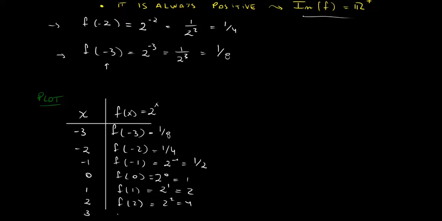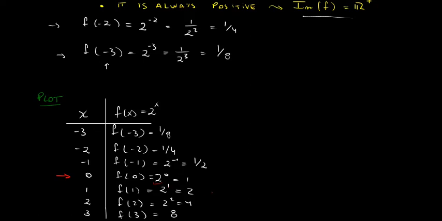And finally, in 3, it is 8. So one important thing to notice is that here f of 0 is 1, and this will always happen no matter what base we have.